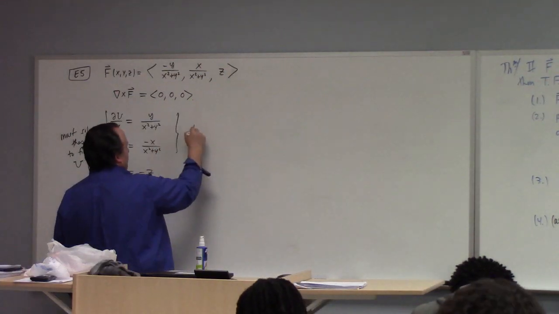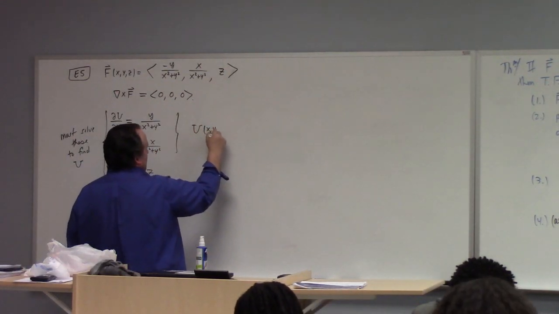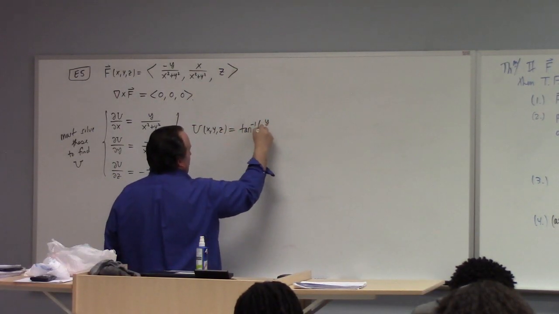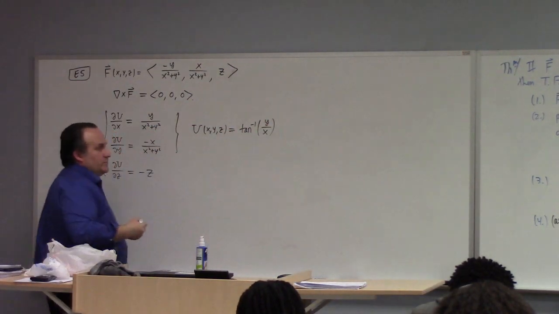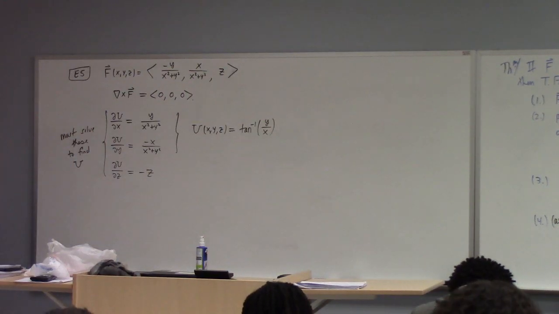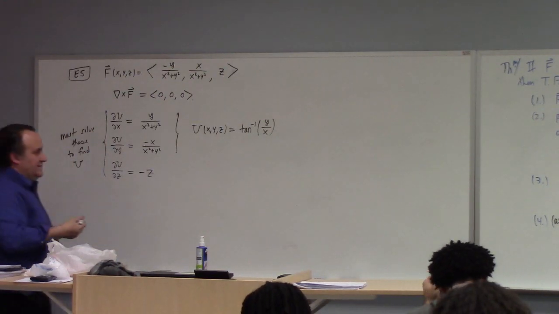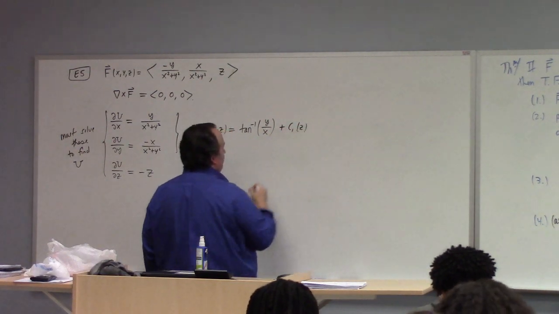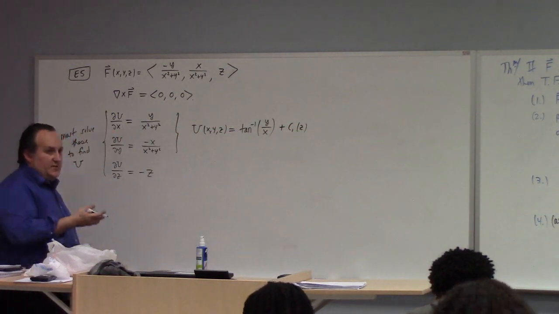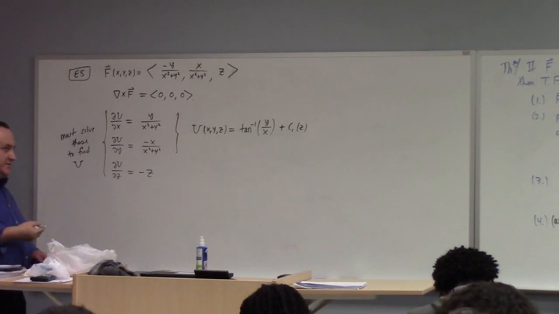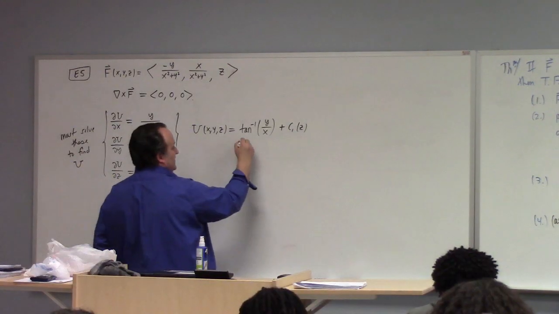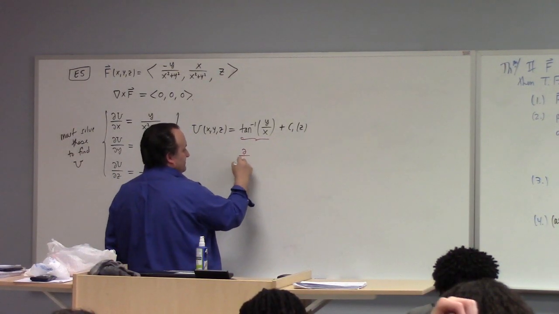These actually have solution u of x, y, z equal to the inverse tangent of y over x plus some constant possibly of z. If you don't believe me, differentiate it, see what happens. What's the x derivative of this?